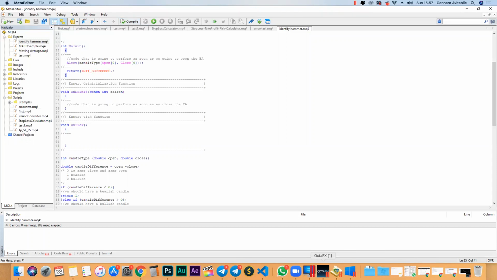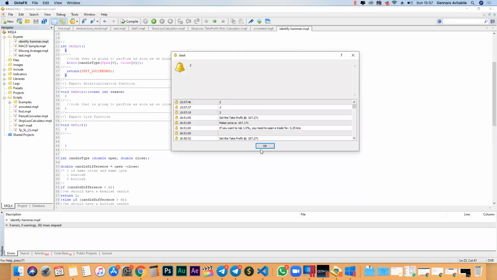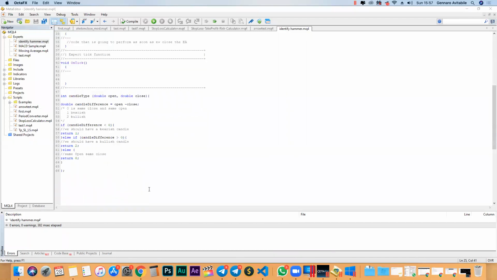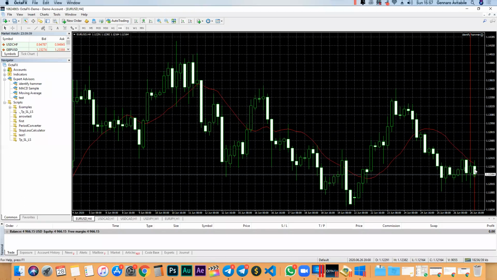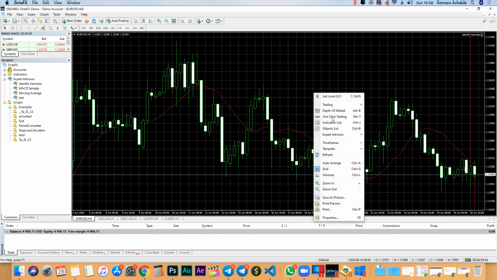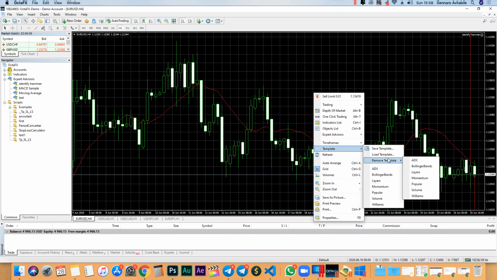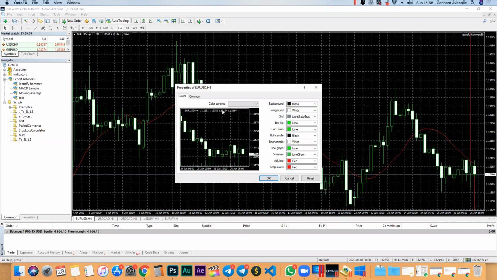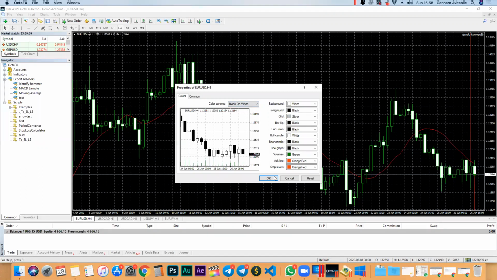So let's check two things. Number 2 is a bullish candle, and this is not a bullish candle, so this is a bearish candle. Let's do something even better. Properties, and let's check for yellow and black, green and black.